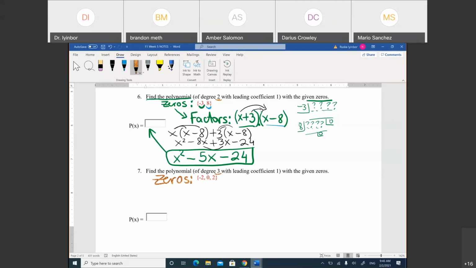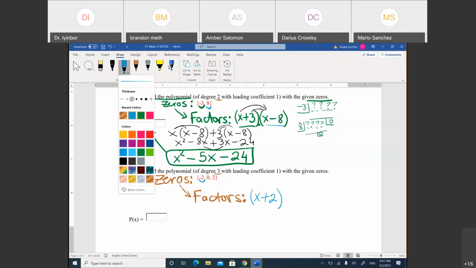So now we're doing the same. From the zeros, you're going to get the factors. And factors are going to include the x, and you're going to change the sign. If the zero is negative 2, you put x next to it and change the sign, so it's going to be x plus 2. Always opposite.